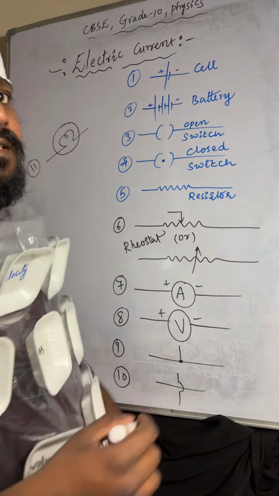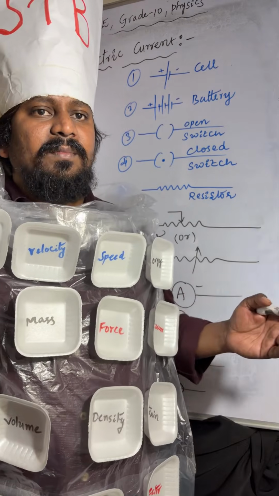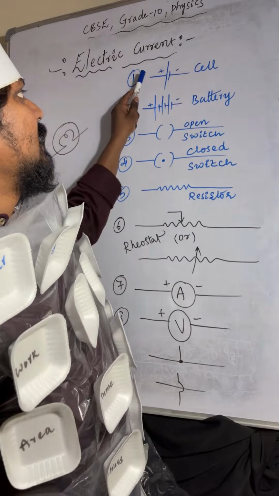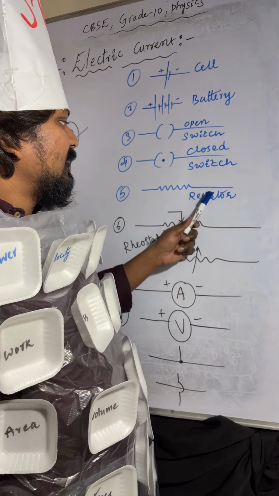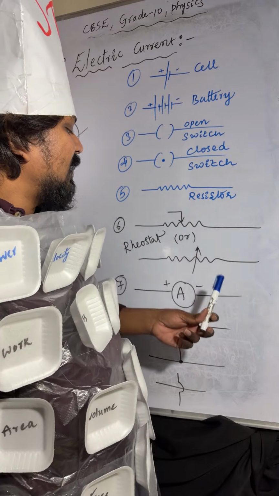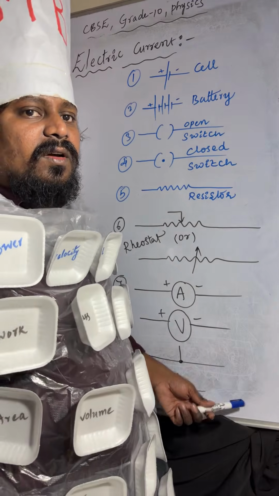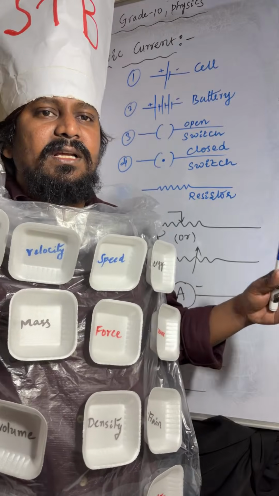Understood? So cell, battery. So these are the electrical elements: cell, battery, open switch, closed switch, resistor, rheostat, ammeter, voltmeter, wire joining, wire crossing, and bulb. So here resistor.